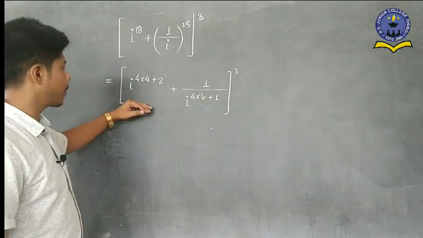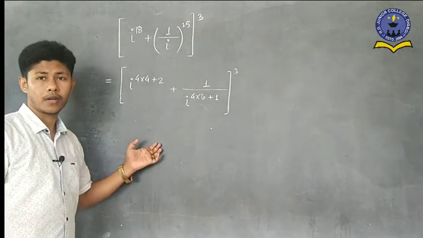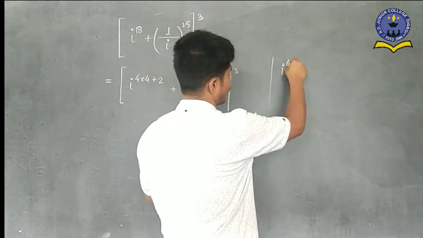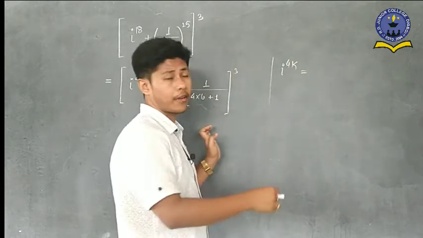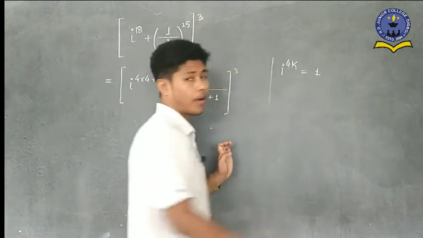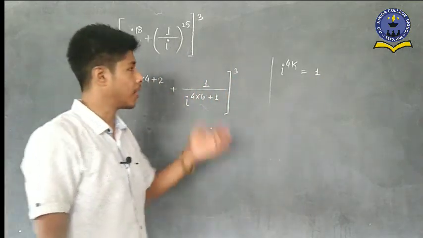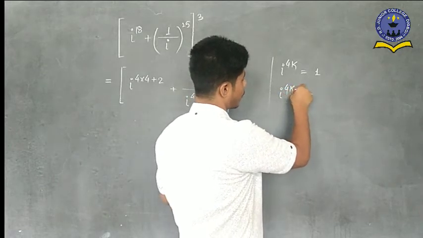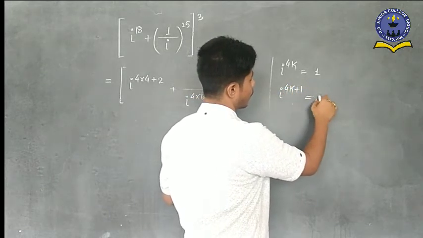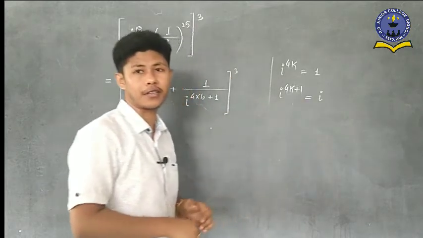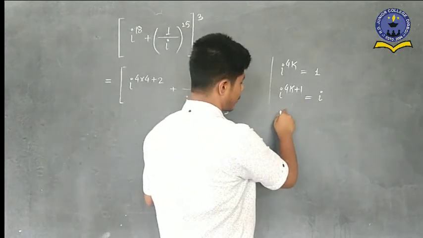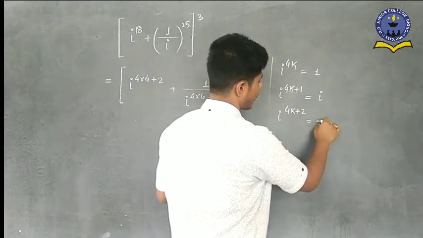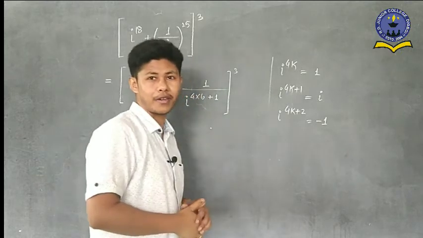After that, we use some results that we know. If we get the form i to the power 4k, the value is always 1. We discussed this result in the last class and earlier classes. Second, for the form i to the power 4k plus 1, the result is i. Next, for i to the power 4k plus 2, the result is minus 1, isn't it?